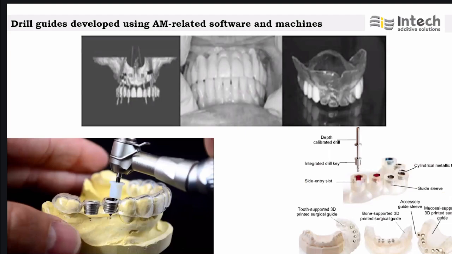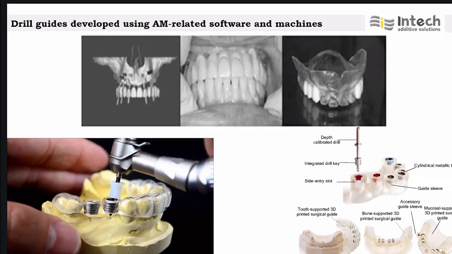And next is about the drill guides. Again, we need to take the CT scan of the patient's jaw, where the digital scan captures the bone density, nerve positions, and even sinus locations, everything that the surgeon has to know before the surgery. This data becomes the blueprint for the surgical guide.